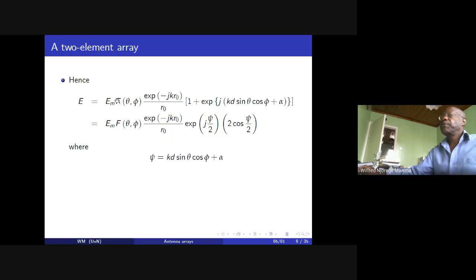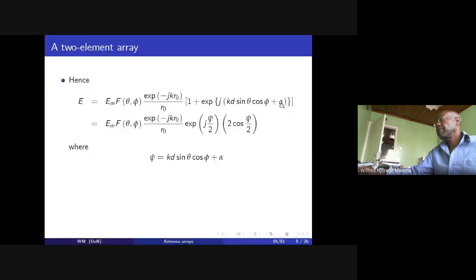Hence, when we do the addition, this is what we are going to get. We take the first value out, that is, factor it out, and we just have 1 plus the exponent of j multiplied by kd sine theta cos phi plus alpha as the phase.